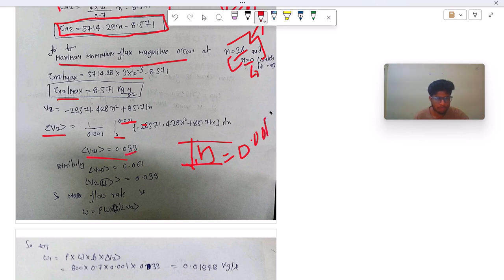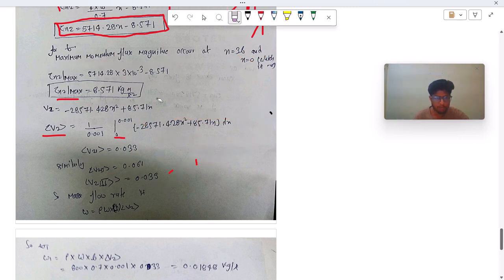Similarly for fluid 2, which has a thickness from 0.001 to 0.002, we get Vz2 equal to 0.061. Similarly we get Vz3 if we integrate from 0.002 to 0.003. So we get the average velocity for all three fluids: Vz1, Vz2, and Vz3.